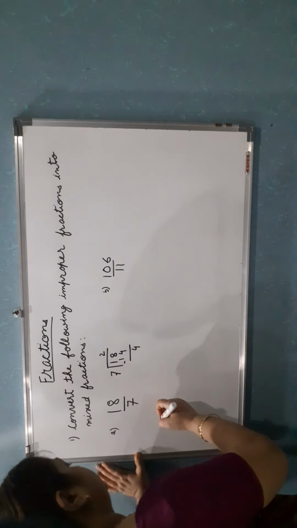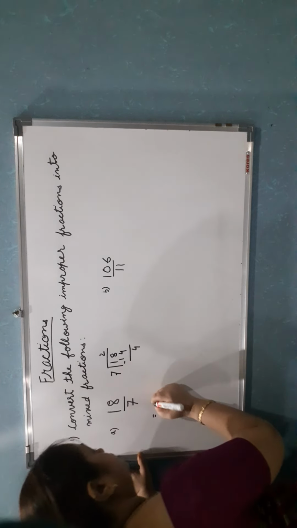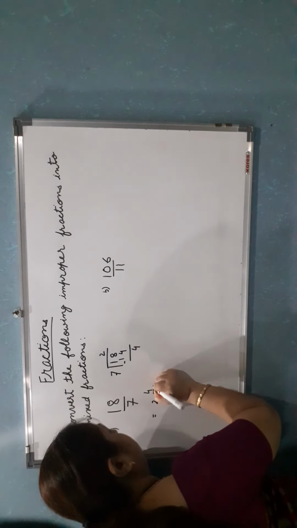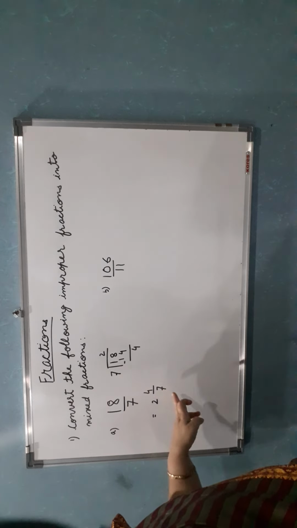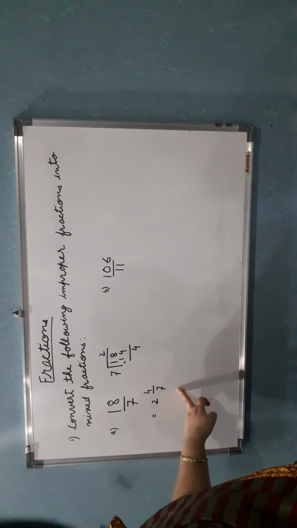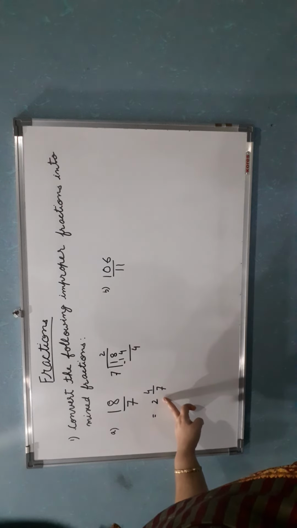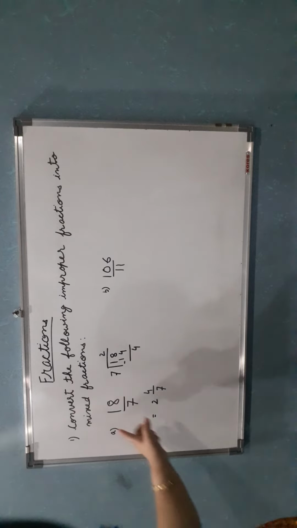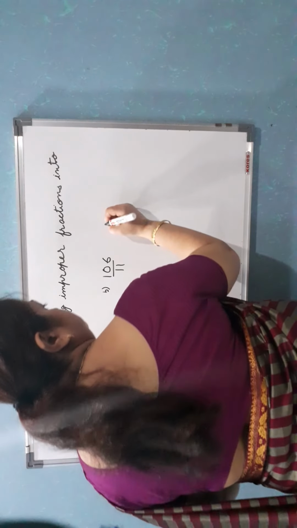Now, how will you write it? Quotient will be here, remainder will be the numerator and denominator will be the divisor. Denominator will remain same. Quotient will be the whole number and remainder will be the numerator. So this is a mixed fraction. Now let us do another one.